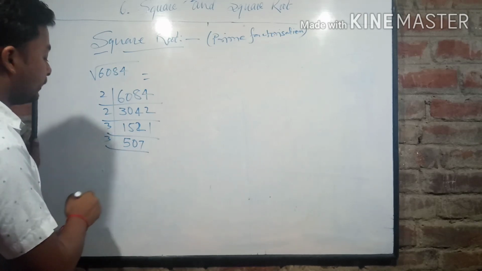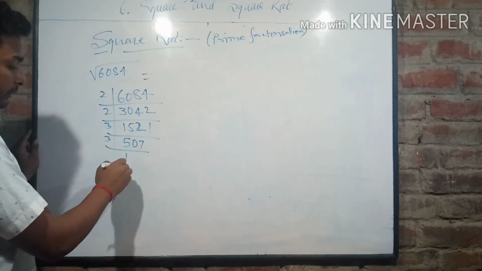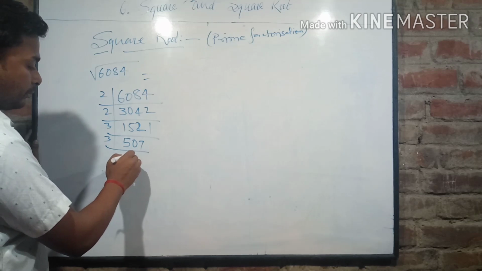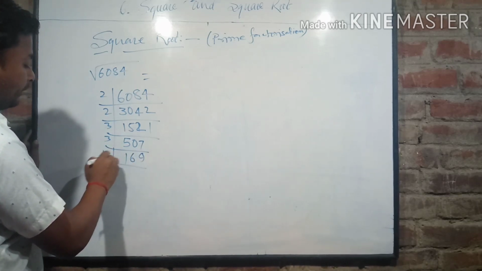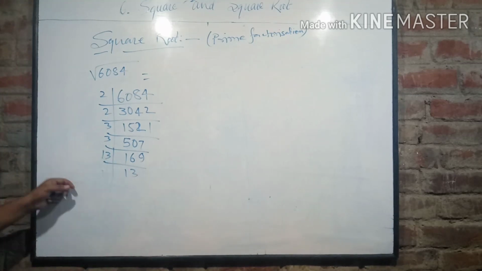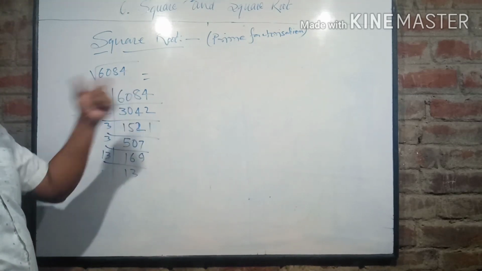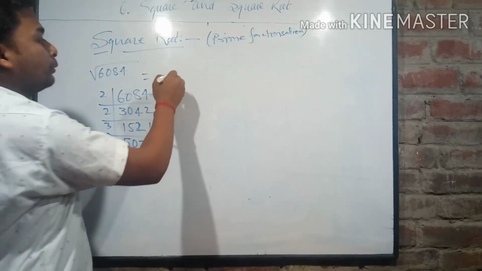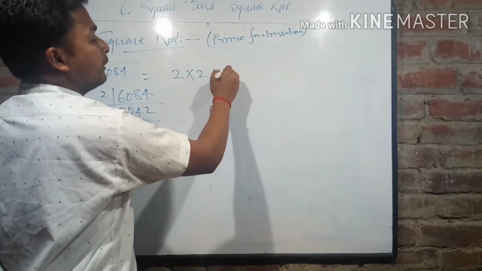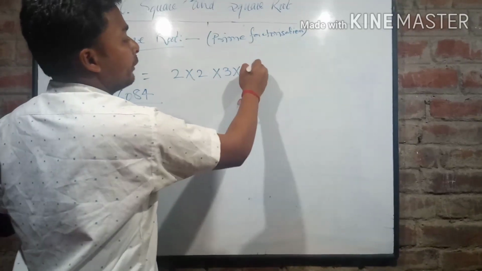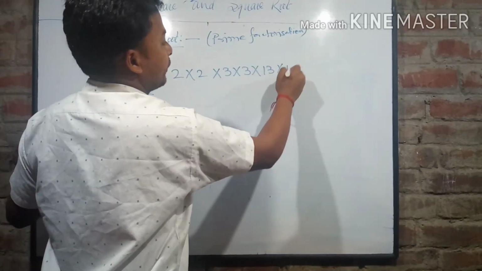Again it is divisible by 3. Now it is divisible by 13. So my dear, we can write 6084 as 2 into 2 into 3 into 3 into 13 into 13.